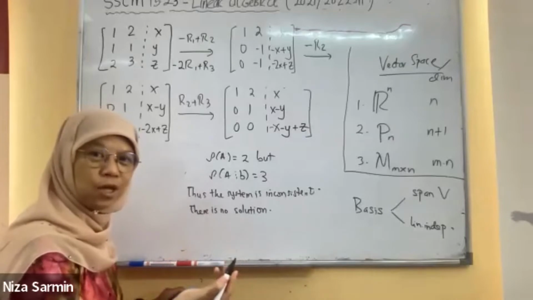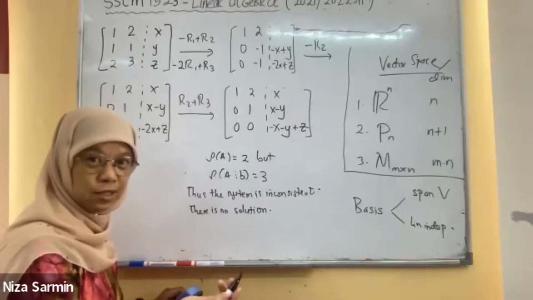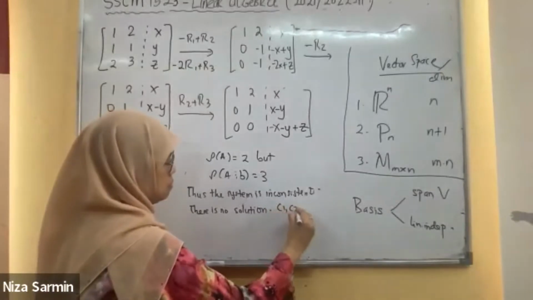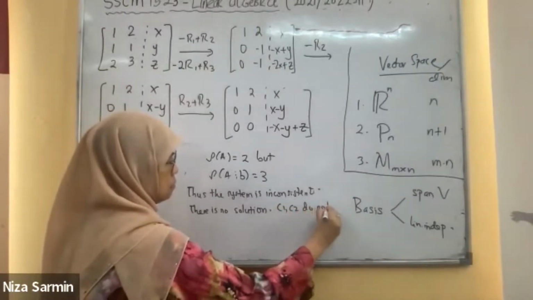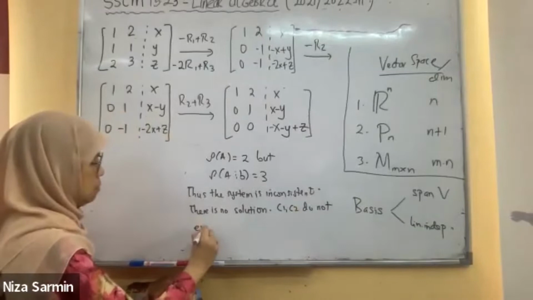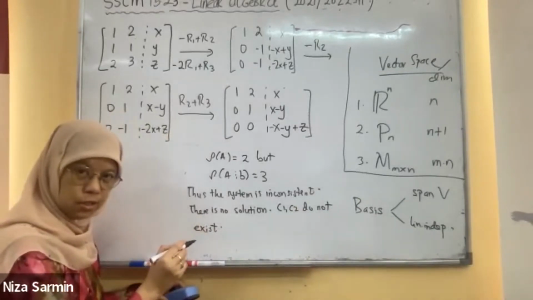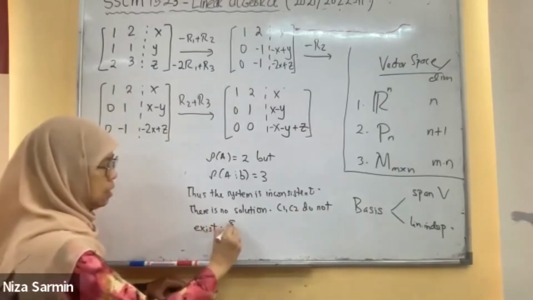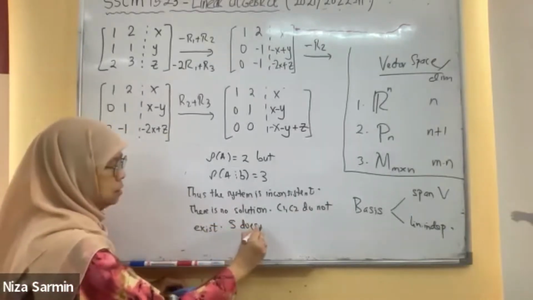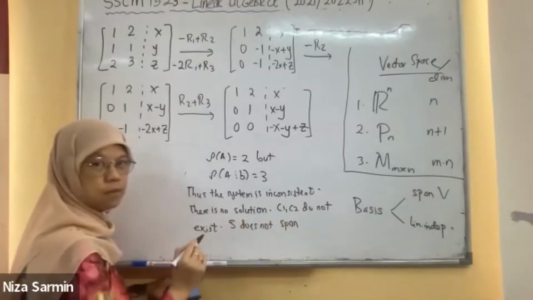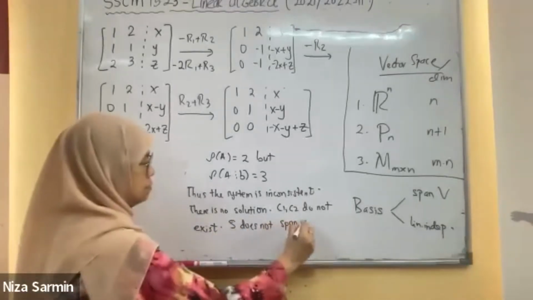That the C1, C2 do not exist, right? When C1, C2 do not exist, this means that S does not span R3.